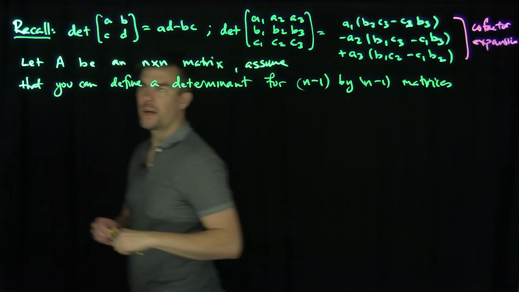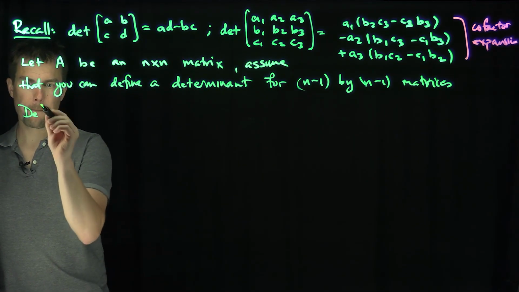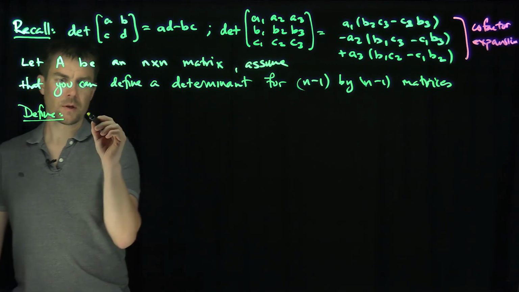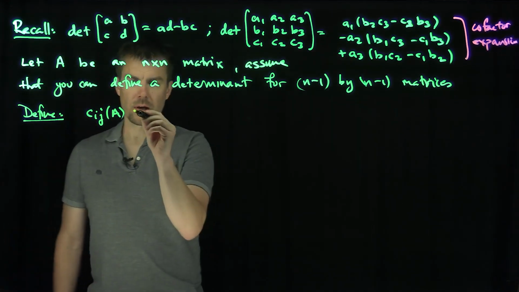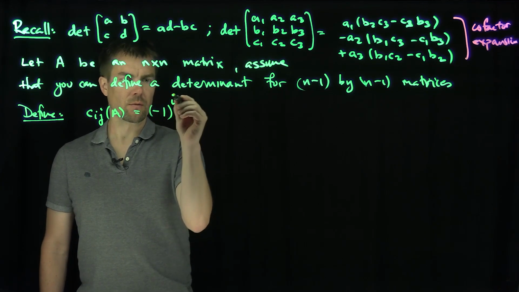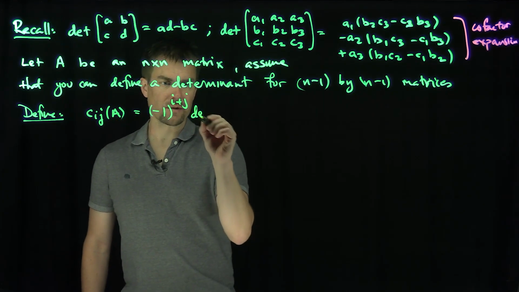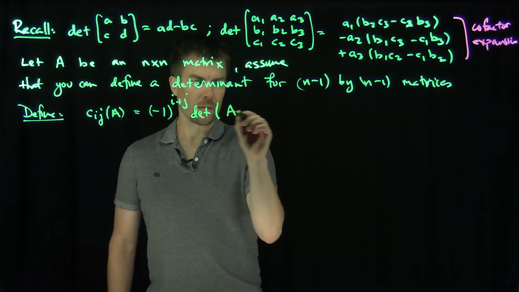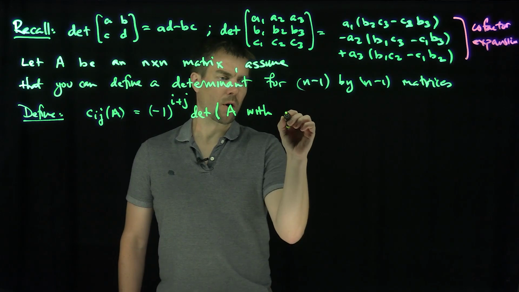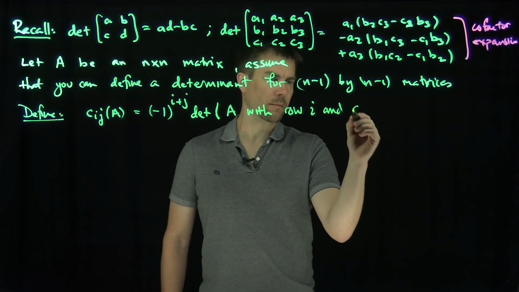Then what I'm going to do is define the cofactor C_ij of A as minus 1 to the row plus column position, that is (-1)^(i+j), times the determinant of A with row i and column j removed.